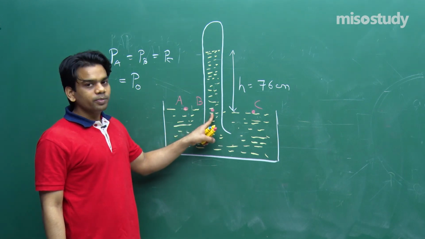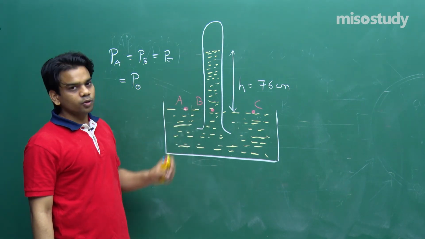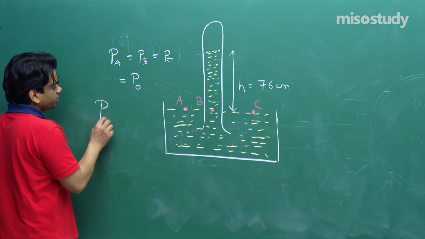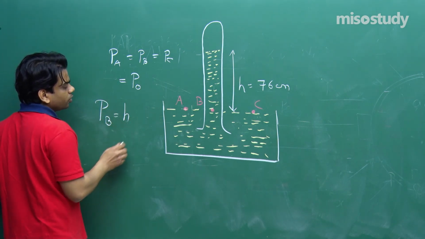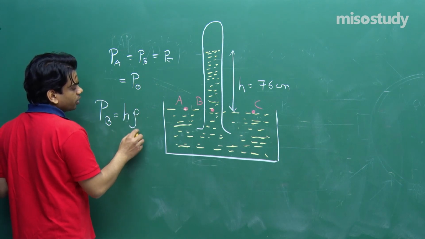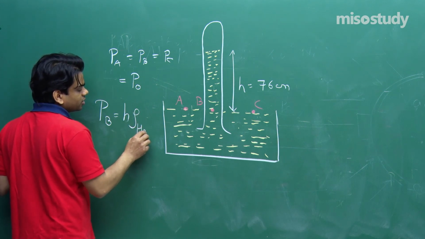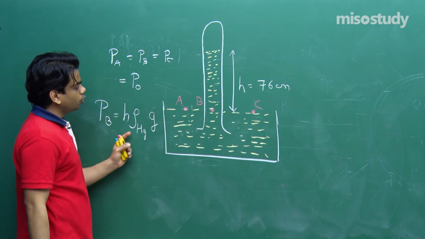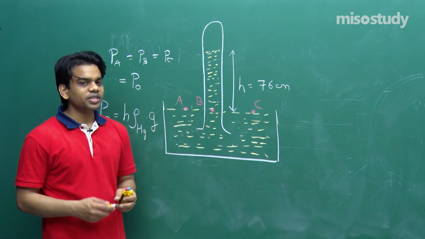The pressure at point B will be due to the height of the mercury column, equal to height of mercury times density of mercury times g.